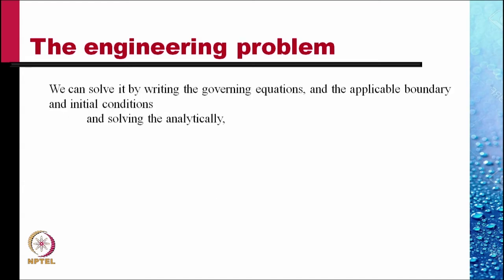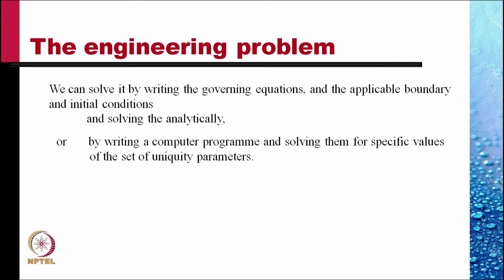To solve these engineering problems, we could either write the governing equations and applicable boundary conditions and solve them analytically using mathematics, or we could write a computer program for solving them and then solve for a specific set of uniquity parameters.